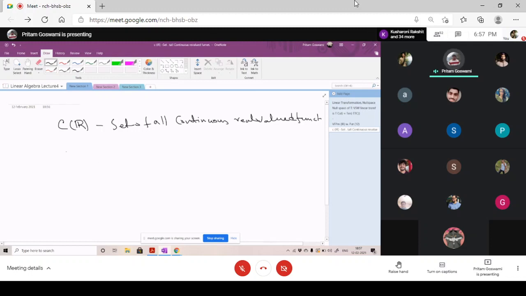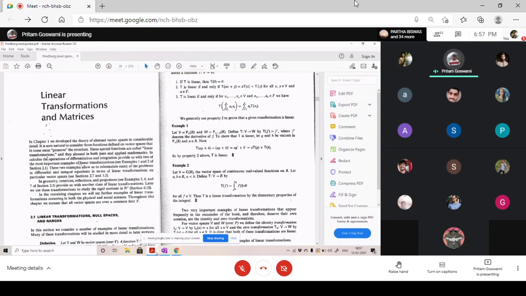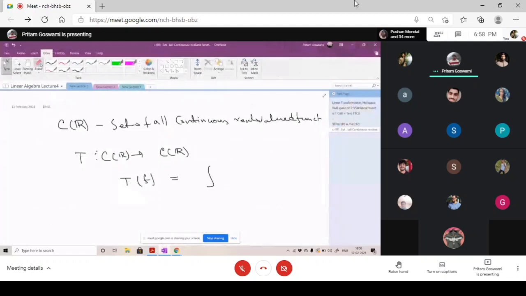Now, if I define a function like this, T from C of R, such that T of a function f is integration of, let me check it, not C of R here, the function from C of R to R, R is a vector space also, right?